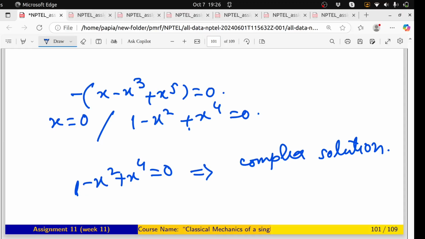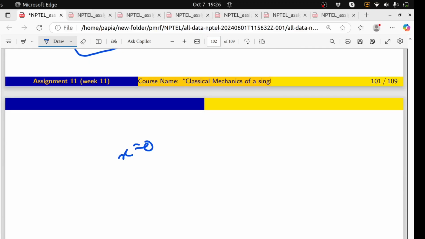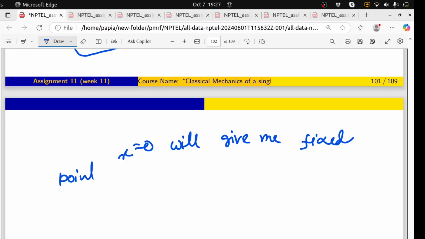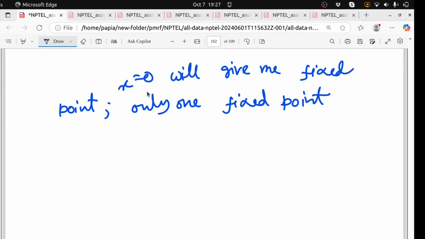So the solutions coming from this equation are not giving me fixed points. Now only x equals 0 will give me a fixed point. So only one fixed point is there. But now the question comes which type of fixed point it is, whether it is stable or unstable.